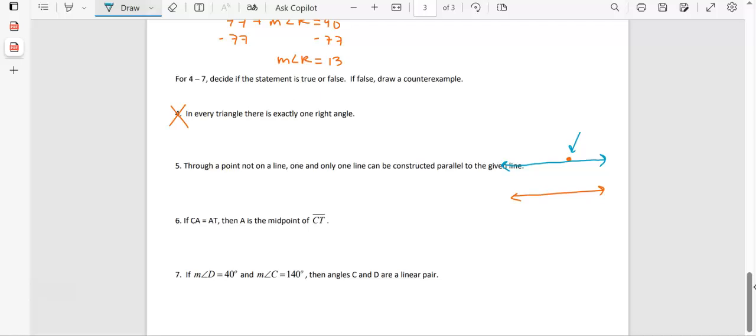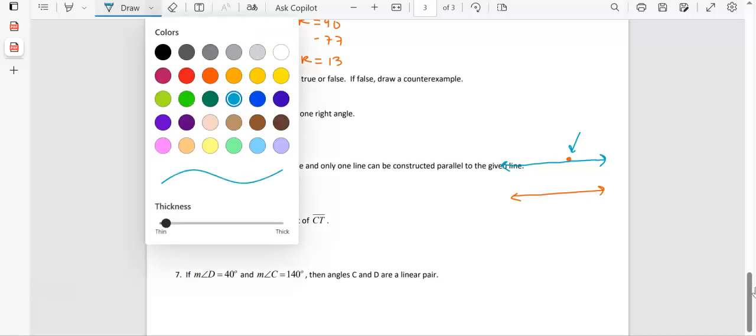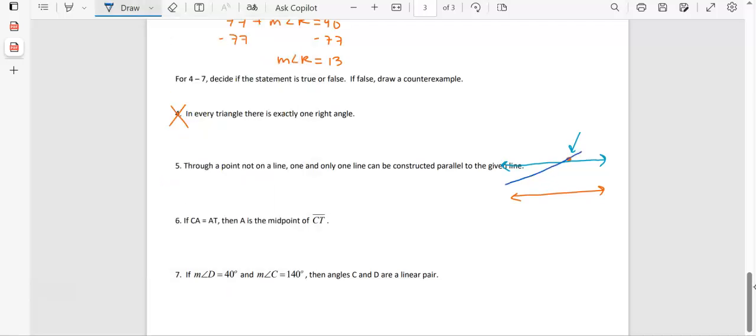So can I put a second line through that point that is also going to be parallel, but not, of course, the same line I've already drawn? The answer? No, I can't, right? And so this is true. I wanted to model for you how I would look at this and decode this.